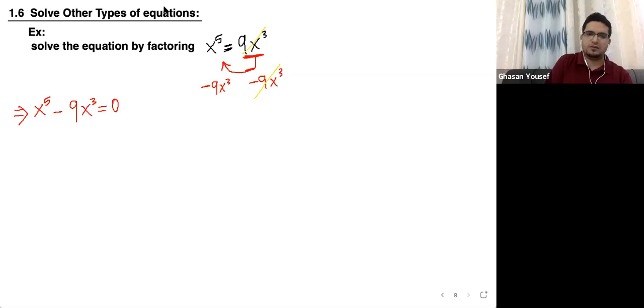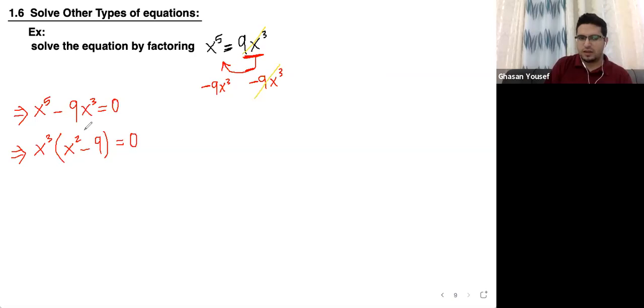What is left now? x squared, correct, minus, like Matthew said, 9. Yes, correct, Layla. So x cubed times (x squared minus 9) equals 0.